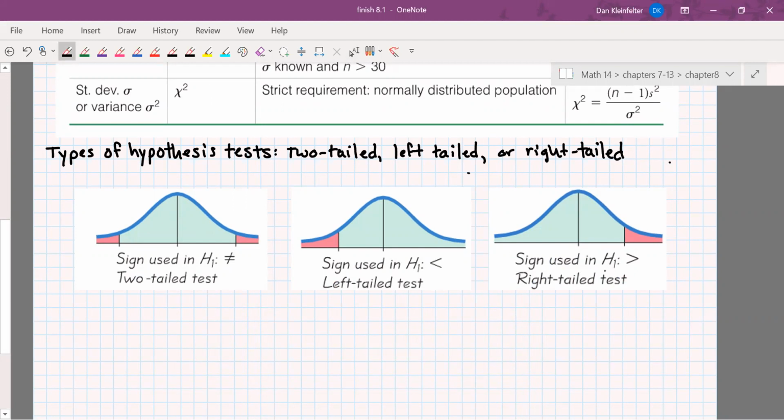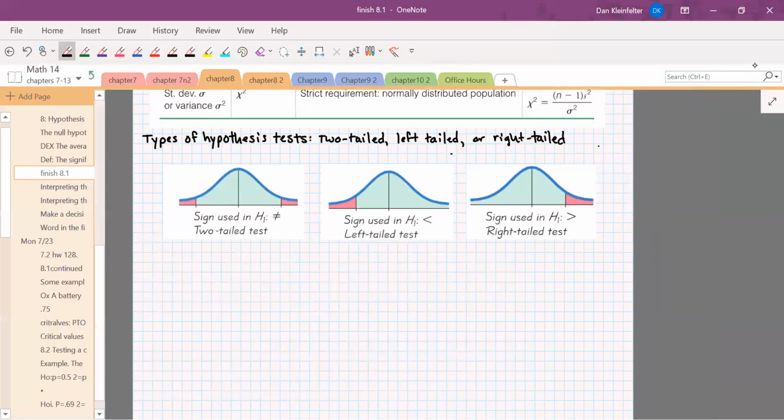If the alternative hypothesis is a greater than, then it will be a right-tailed test. What's shown in pink here in our illustrations is the rejection region, also called the critical region. There are two of them in the two-tailed test, and then it's either left or right, depending on whether you have less than or greater than in your alternative hypothesis.